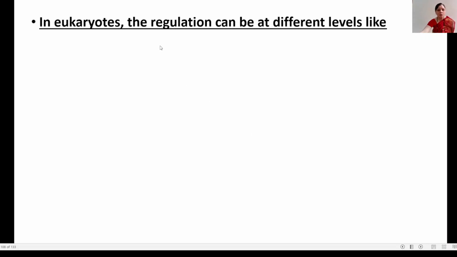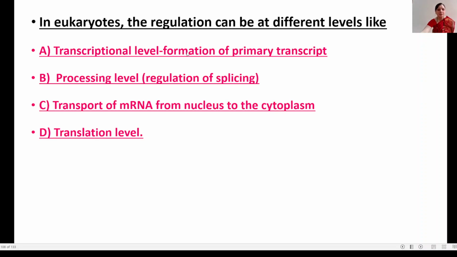In eukaryotes, the regulation can be at different levels like the transcriptional level, that is formation of the primary transcript; the processing level, that is regulation of the splicing; transport of the mRNA from nucleus to the cytoplasm; and the translation level.